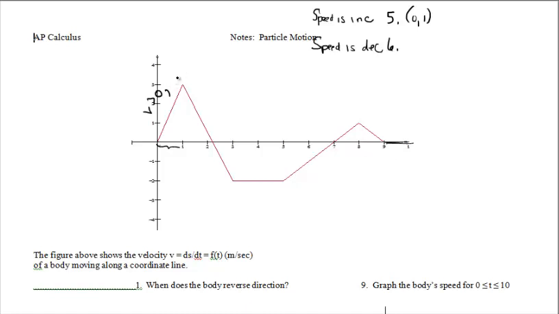And notice I'm not writing anything down because I want this argument to come from not just velocity, but from velocity and acceleration. So velocity is positive. Also, the acceleration, which is the slope of velocity, is positive. So velocity is a rate of change.